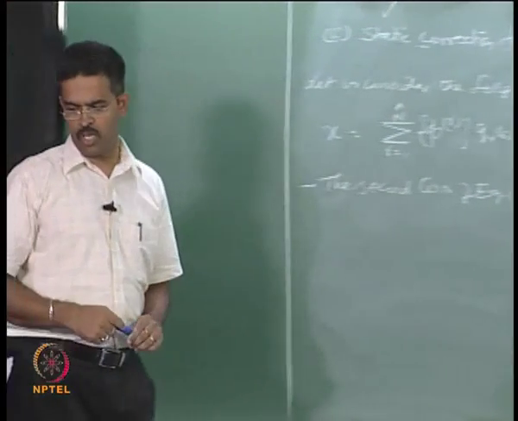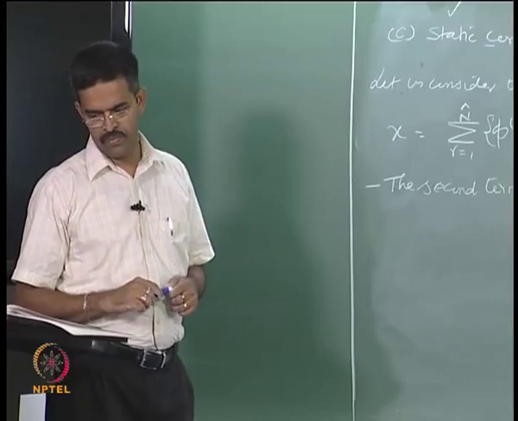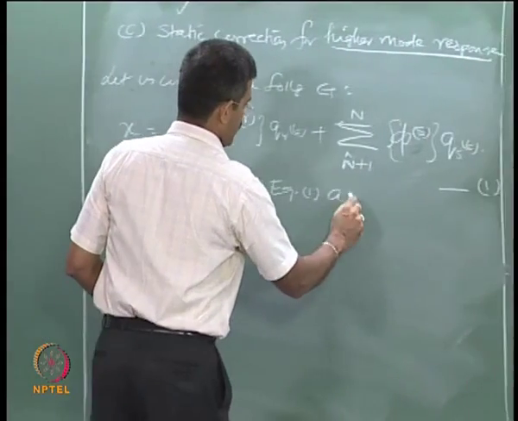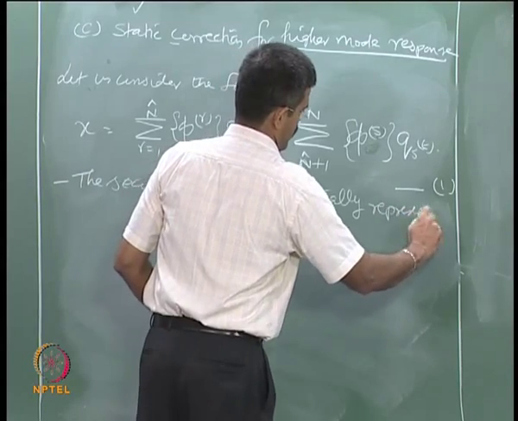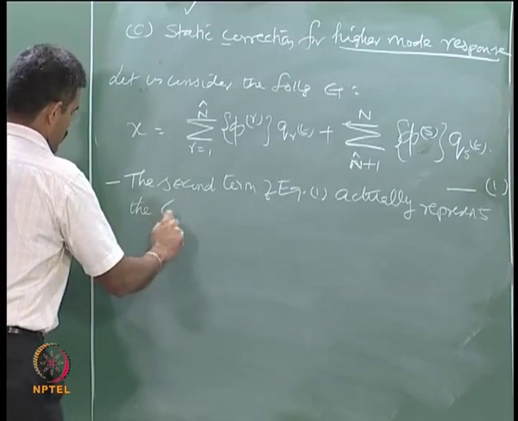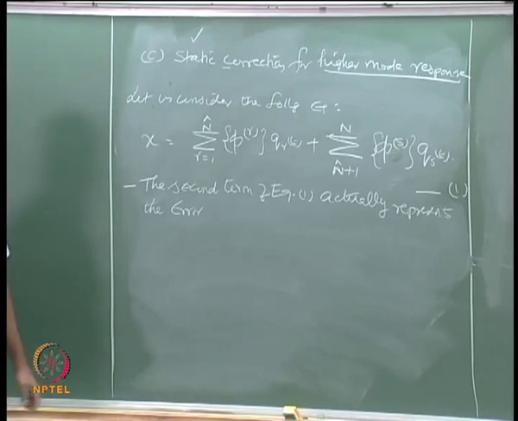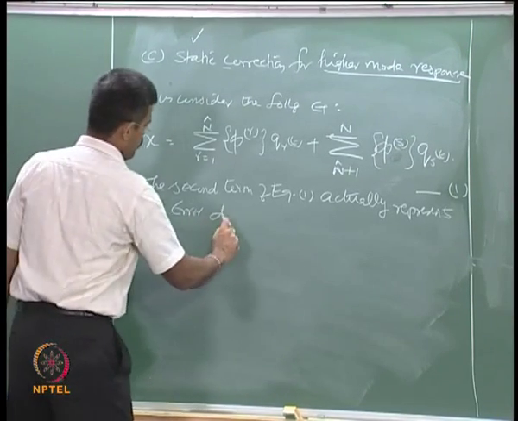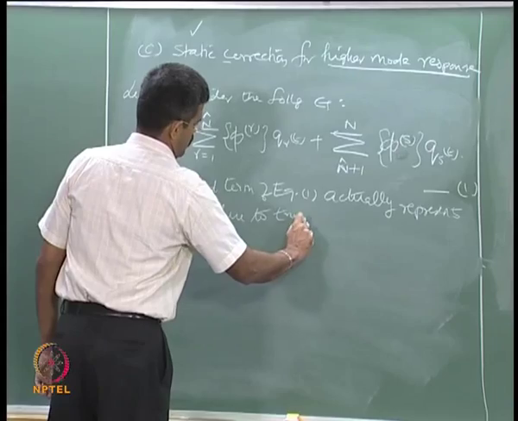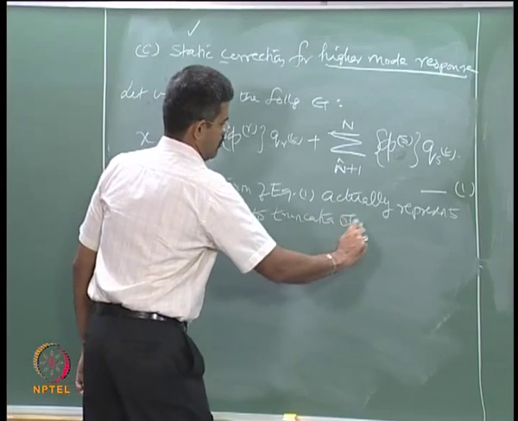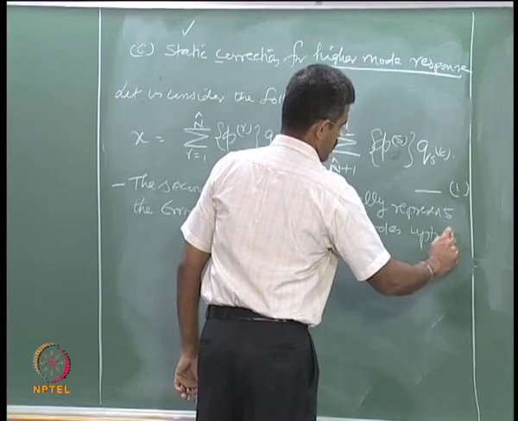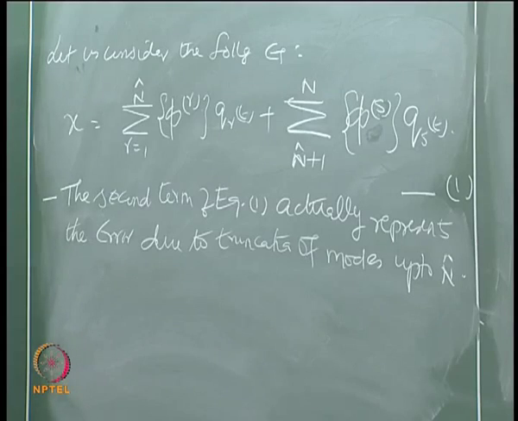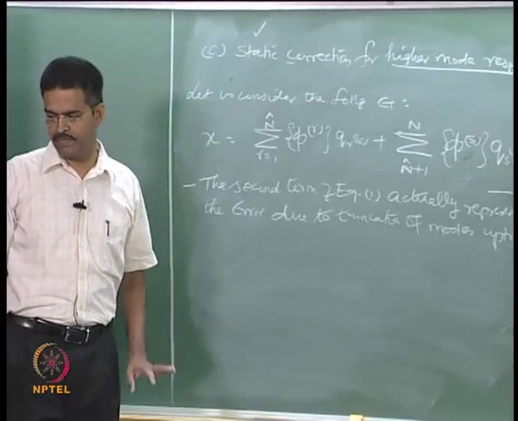The second term actually represents the error due to truncation of modes up to n hat, isn't it? Originally I have n modes, but I am truncating them to n hat, where n hat is much lower than n.